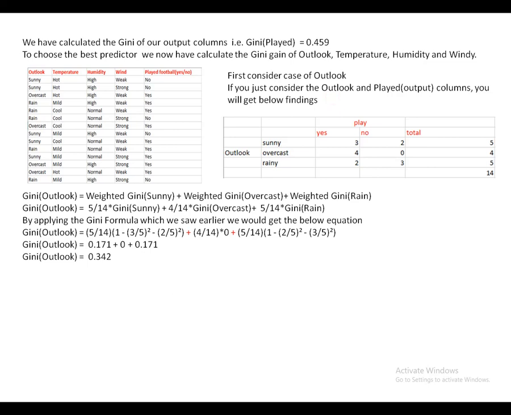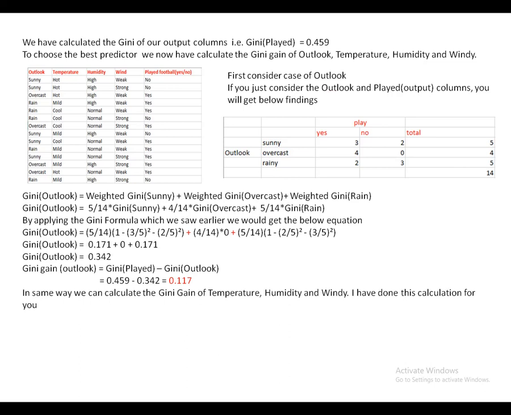So the Gini of the outlook column is 0.342. The Gini gain of the outlook column is the Gini of our output column, that is played, minus the Gini of our outlook column, that is 0.459 minus 0.342, that is 0.117.